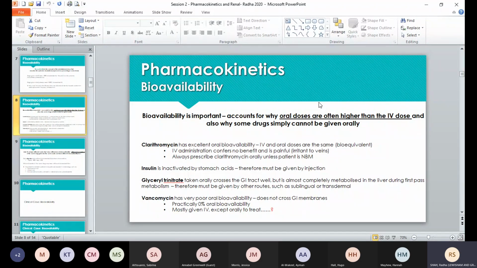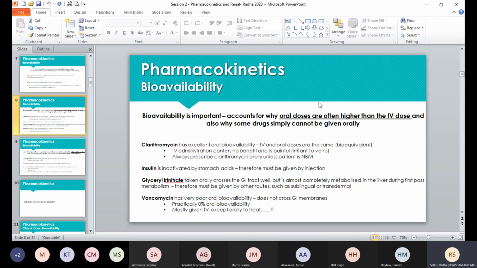Another drug, for example, insulin, we never give this orally. That's always given by a subcutaneous injection. The reason why we can't give it orally is because it's inactivated by the stomach acid, so that first pass metabolism, if we gave it orally, there'd be no active drug left. So orally, it has 0% bioavailability, and therefore we always give it by subcutaneous injection.